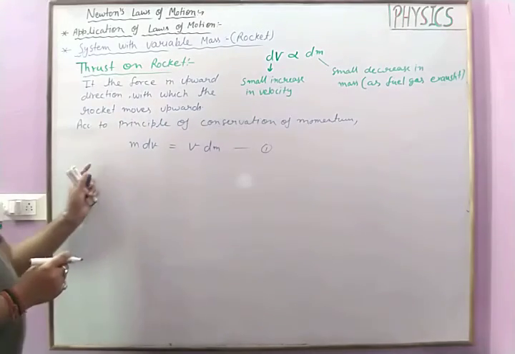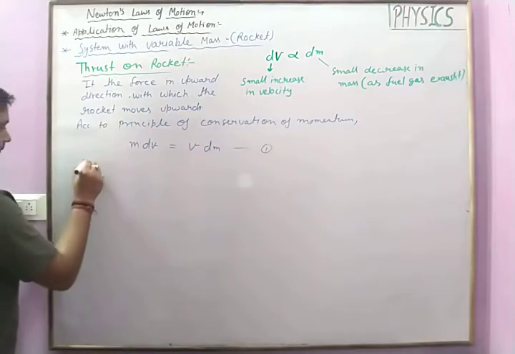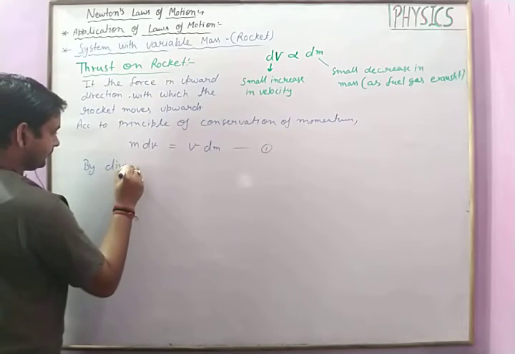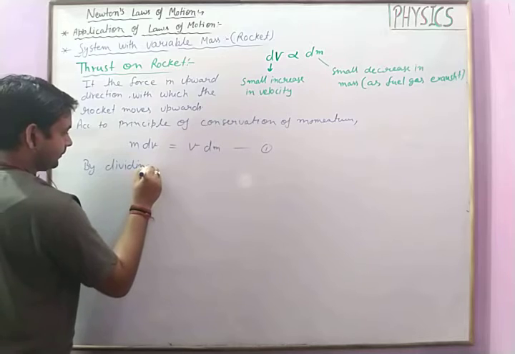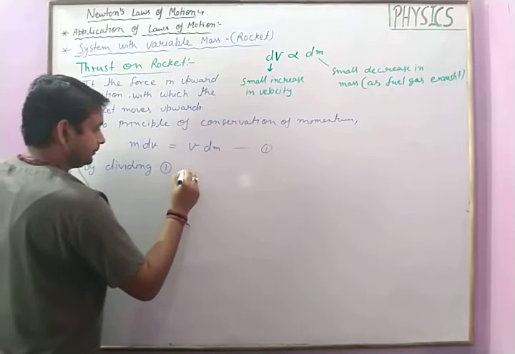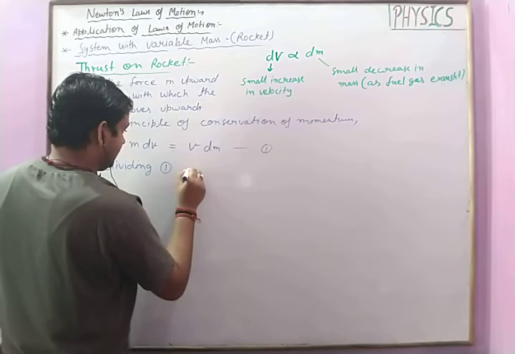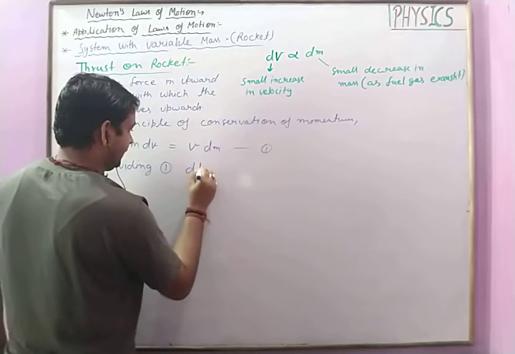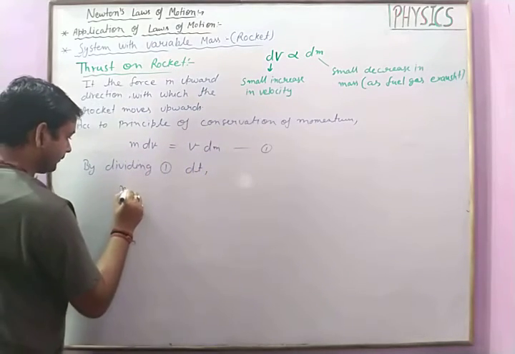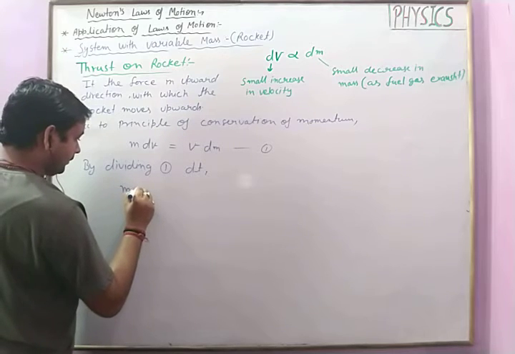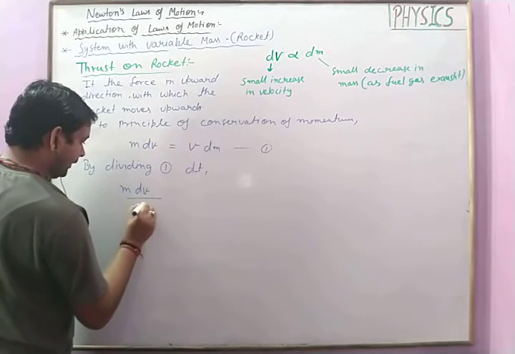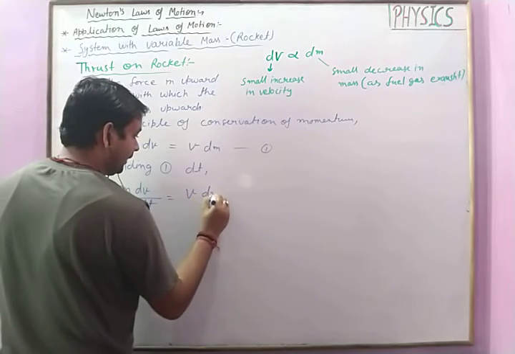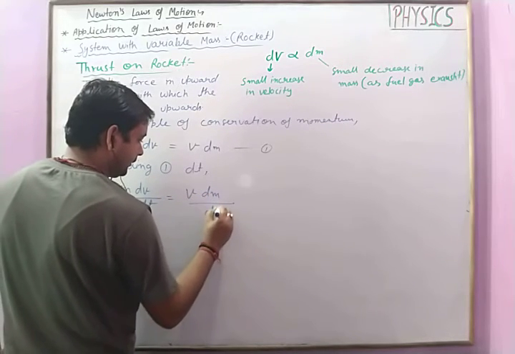Now by dividing equation 1 by dt, we get m dv upon dt is equal to v dm upon dt.